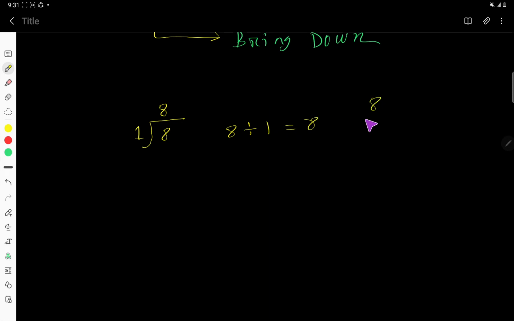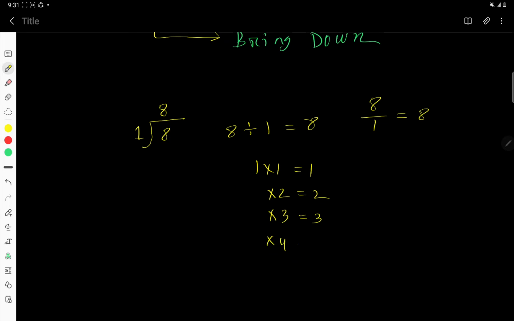You can also write it like this. Now, how many times does 1 go into 8? 1 times 1 gives us 1. 1 times 2, just add 1 with this one, gives 2. Then 1 times 3, just add 1 with this 2, gives 3.